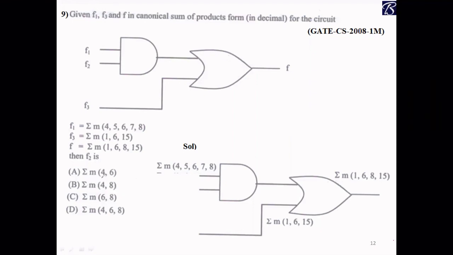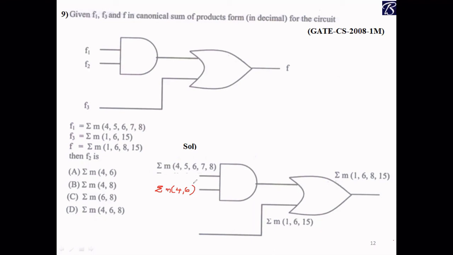Let us take the first option, sigma m of 4 comma 6. Let us find out whether this option is correct or not. If you take the first option, what is the output of the AND gate? In the given minterms, both should be present.